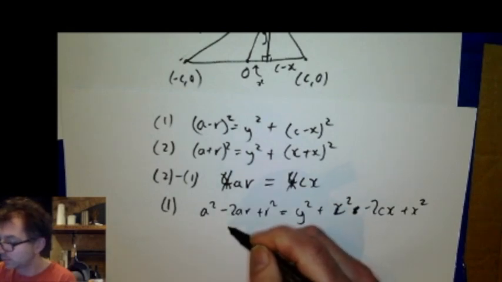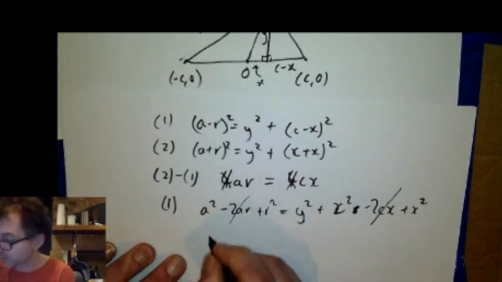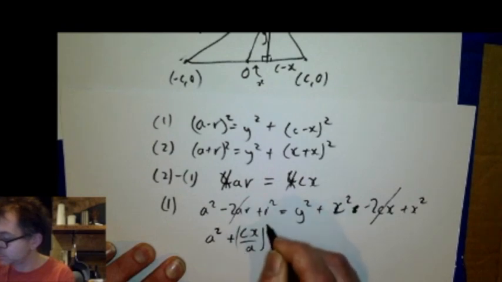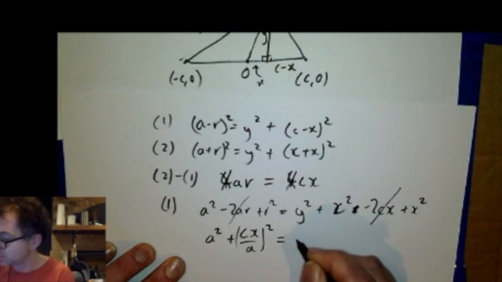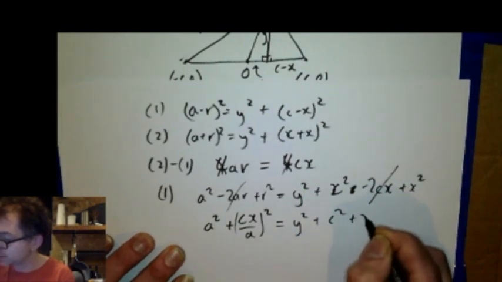So we can get rid of those. And then we've got a single r here, which we can write in terms of x. So that gives us a squared plus cx over a squared equals y squared plus c squared plus x squared.